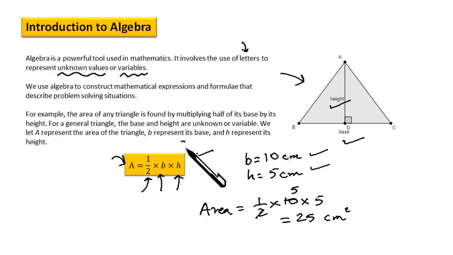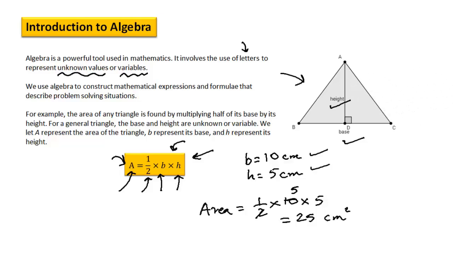This formula basically generalizes the area of any given triangle for any given base and any given height. And if you do not actually know the base and the height, this is the area of a triangle: half multiplied by base multiplied by height. So in this way, by using letters like A, B and H, we have generalized and made the area of a triangle very easy to understand and to explain to others.